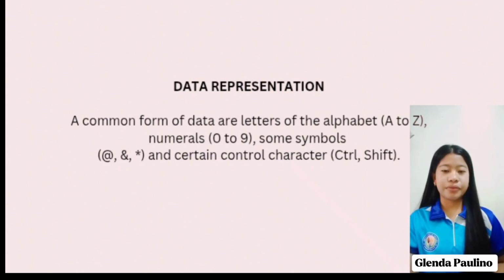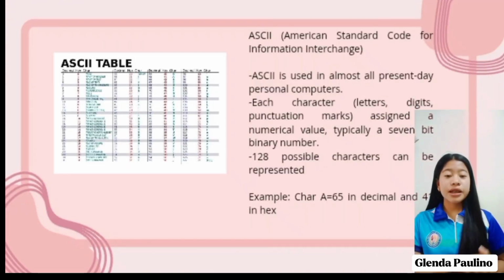The famous coding systems being used for data representation are: first is the ASCII, which stands for American Standard Code for Information Interchange. It is used to represent text in computers, telecommunication equipment, and other devices that use text.